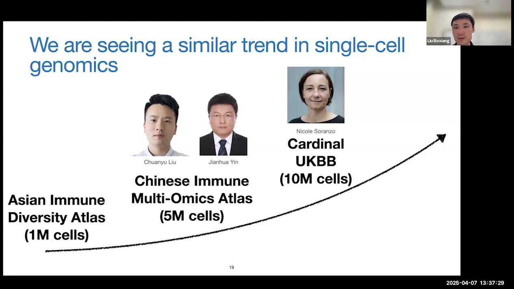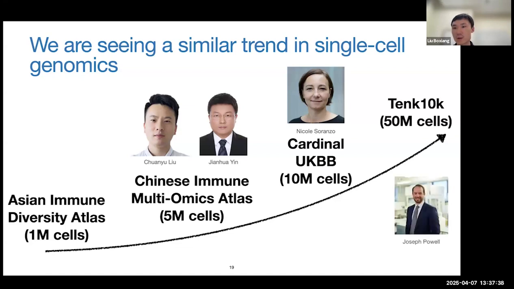And there is the Cardinal UK Biobank project, which sampled across 5,000 populations with 10 million cells. And there is also the 10K project, whose phase 1 preprint went online last week, and the whole project aims to generate 50 million cells.